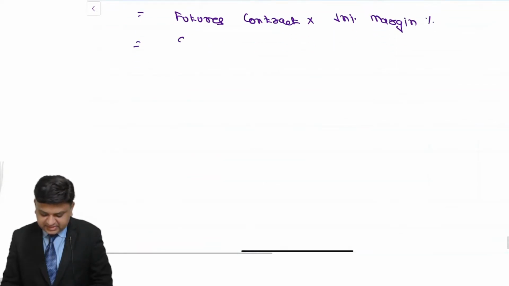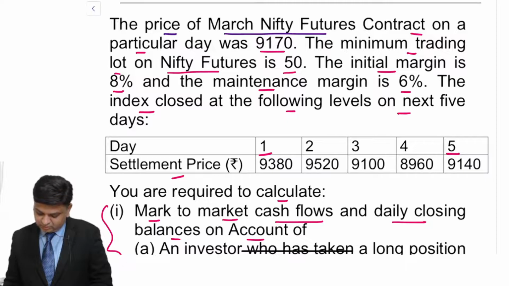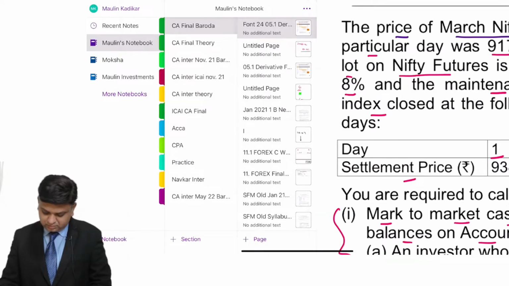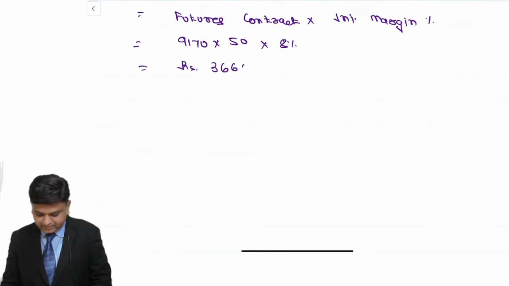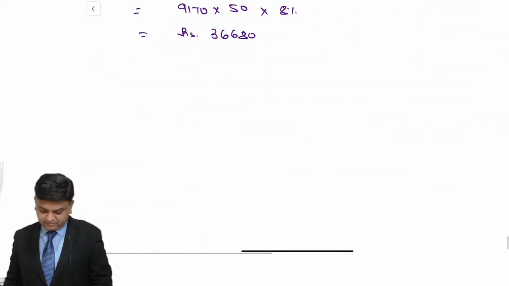The futures value is 9170 into 5050, that is the lot size, into initial margin of 8%. 9170 into 5050 into 8%, so 36,680. That is the way the initial margin is calculated.